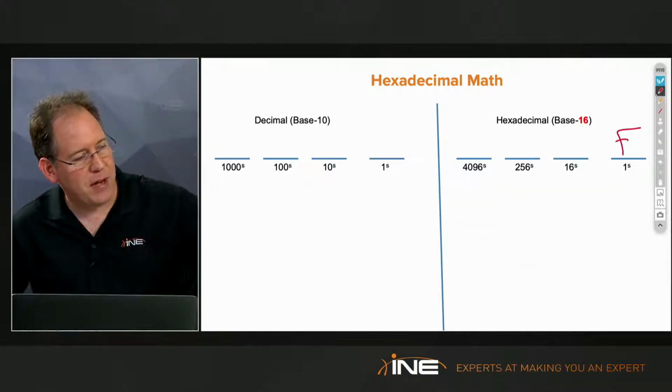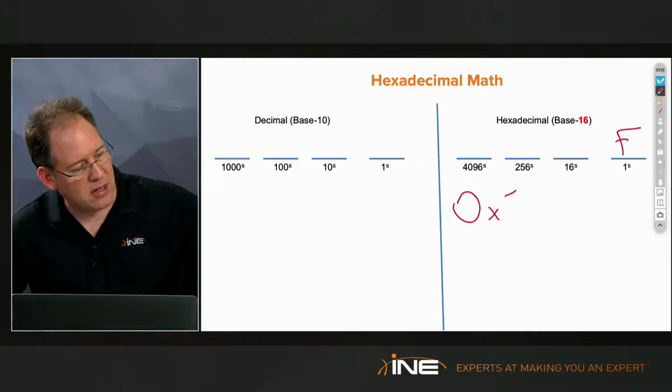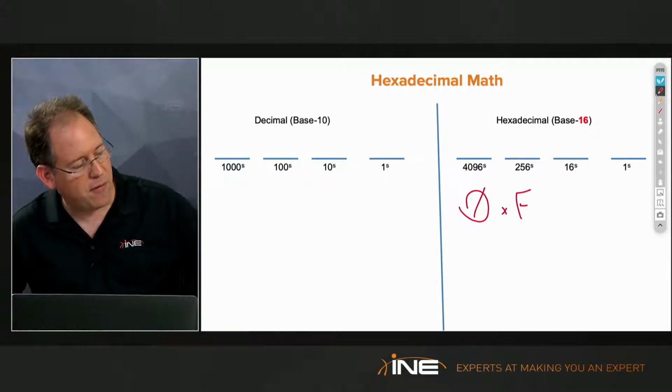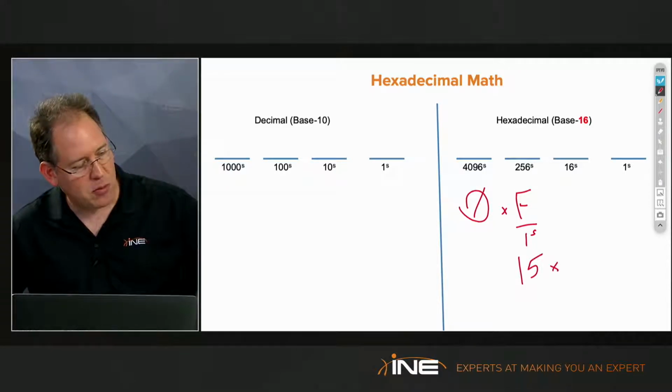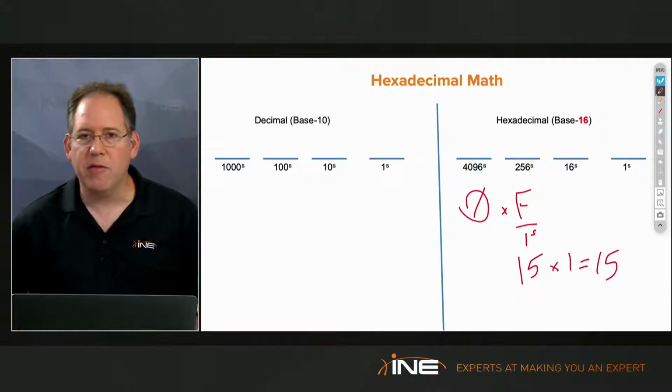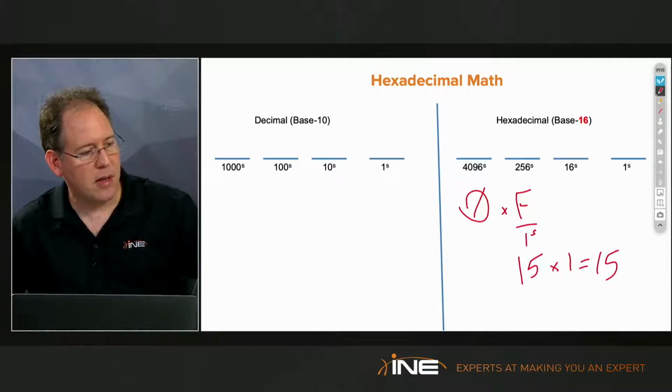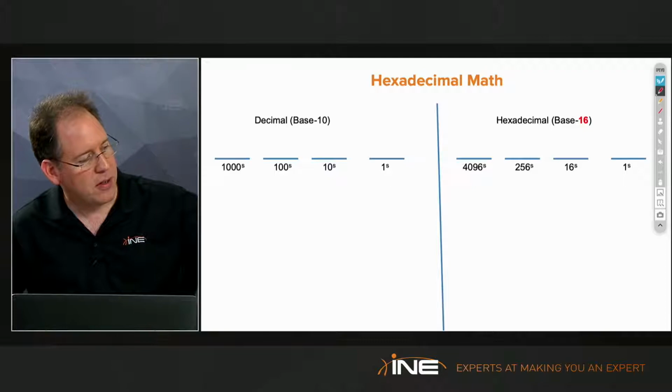So if I have an F here, if I say 0xf, once again, this is the ones position because I've only got one digit, so that would be 15 times 1, which is the number 15. Now what if I have this?